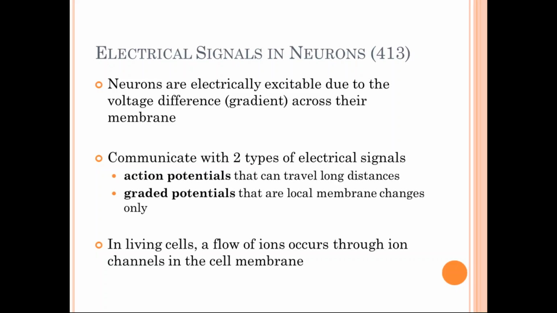There are two types of electrical signals. Action potentials are the all or nothing, and they travel long distances down the axon. Graded potentials are very local, and they have to build up to knock down that first domino. So in a living cell, we are electrochemical. We can't just be electrical.